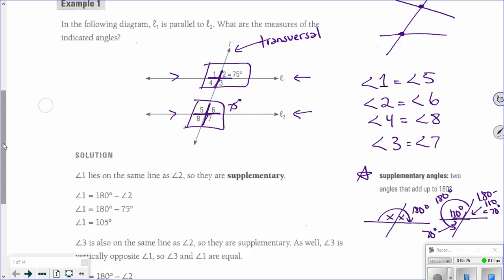Doing that in the question that I have, I'm going to go back to right here. This is 75 degrees, so anything along a straight line is going to be 180. So if this half is 75, this half is 180 minus 75, so 105 degrees.